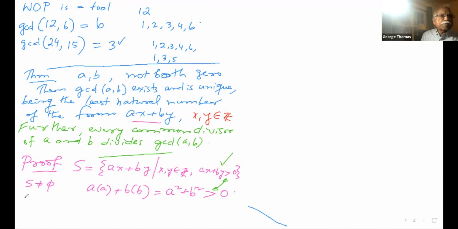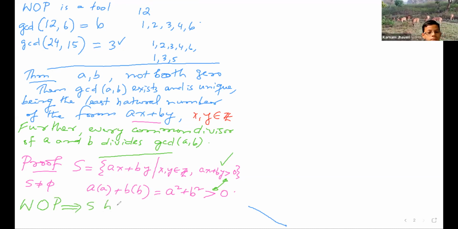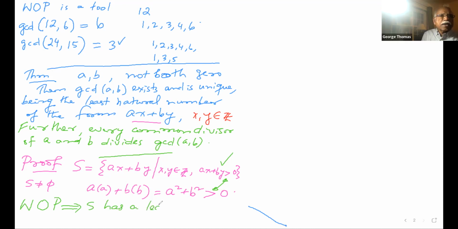Since S is not empty, the well-ordering principle implies S has a least element. We will call that least element D this time, not remainder, because we are talking about divisor. Let's call it small d. Now we will go to the next page.